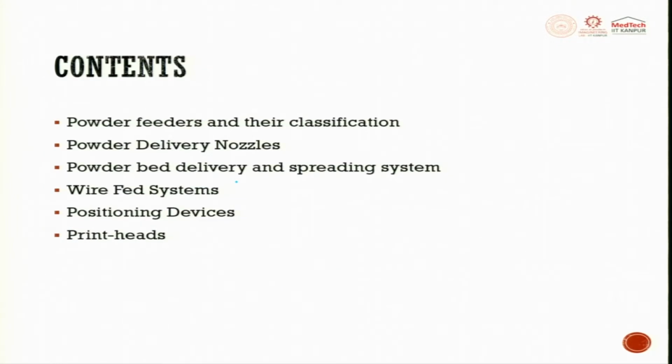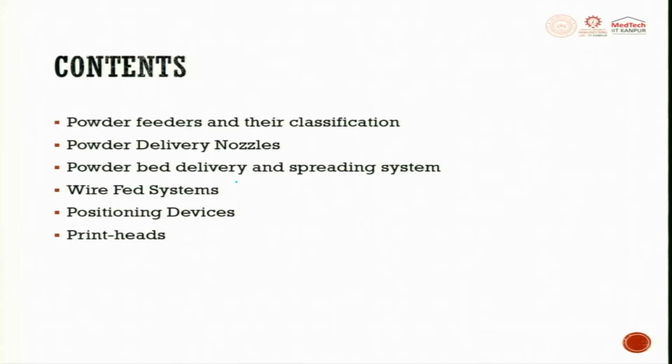The content of this lecture is going to be powder feeders and their classifications. Next is powder delivery nozzle. That is a big challenge. If you can reduce the nozzle diameter further down, for example, to a diameter of 100 microns, 50 microns, 20 microns, then the dispensing of the powder will be controlled in a very big manner.